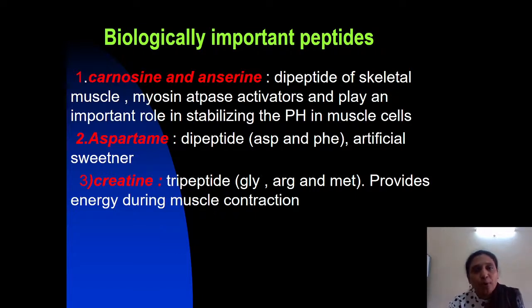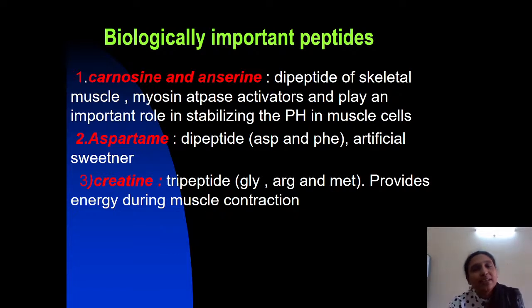The bond so formed we call a peptide bond. A peptide bond connects the alpha carboxyl group of one amino acid to the alpha amino group of the second amino acid by losing one water molecule.